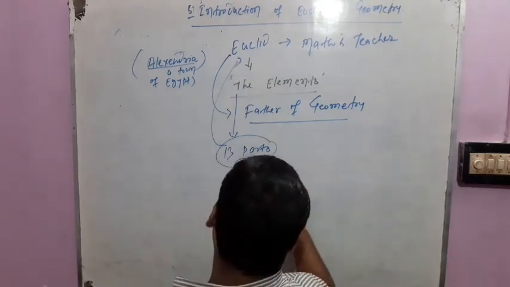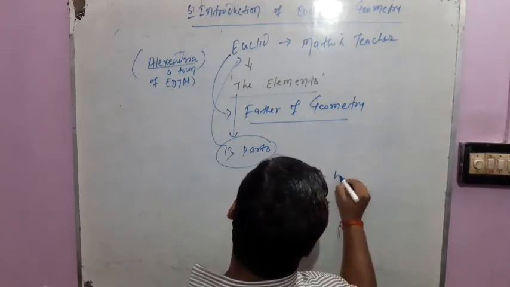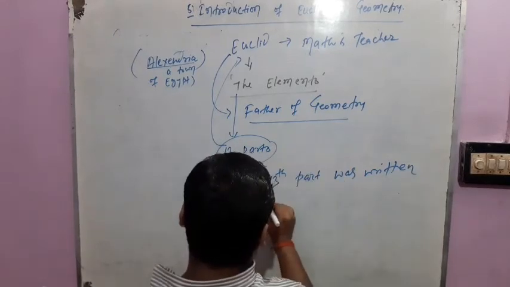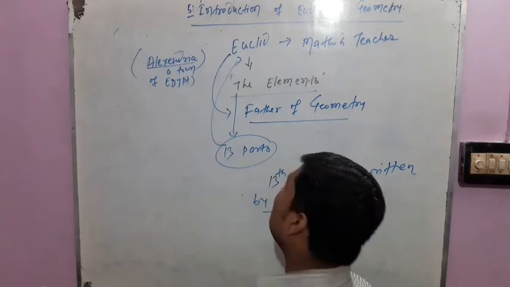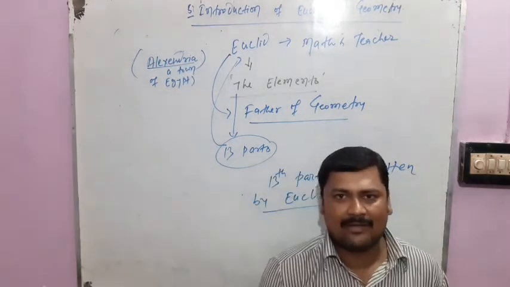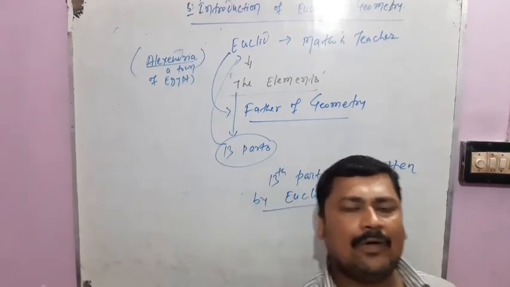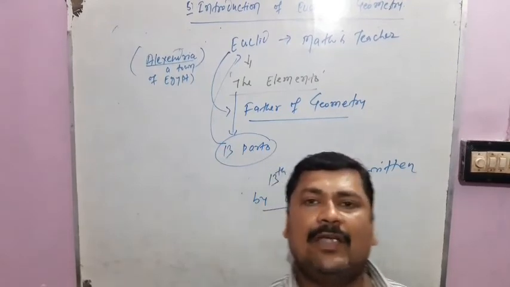Only the 13th part was written by Euclid. So now this was the history of geometry. What was the role of the Egyptians in the field of geometry? What was the role of the Greek people in the field of geometry?